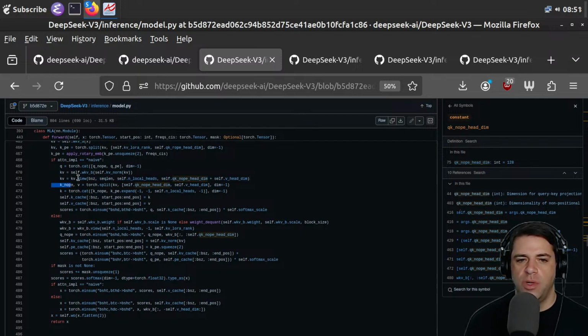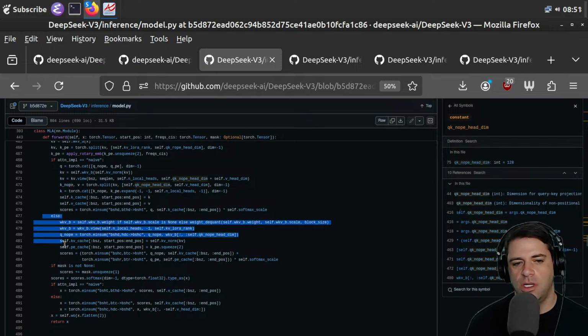The K nope will be, we'll split the KV, again with a nope head dimension. I thought we already had K nope, but I'm not sure why we're splitting again. Maybe because we don't need it in this case. And then we concatenate nope and what I think is the rope version, expanding somehow with a bunch of -1s.